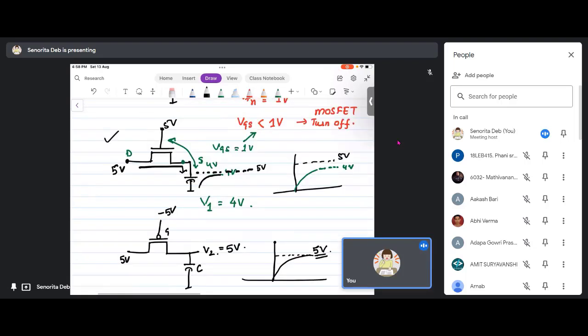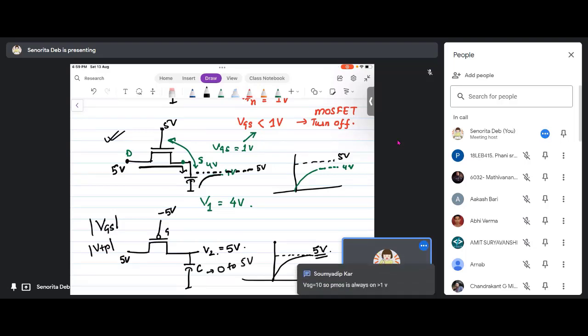The NMOS, if you want me to explain it some more, I will explain it. And I think if you have understood NMOS, you can do PMOS. You have to find the mod VGS and compare it with mod VTP as the capacitor charges from 0 to 5 volt. You just make that analysis, and you will find that PMOS will always be on.